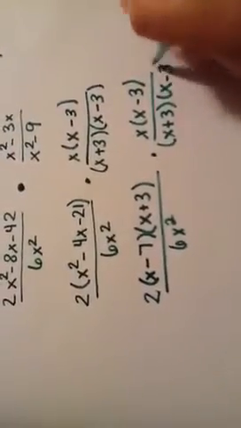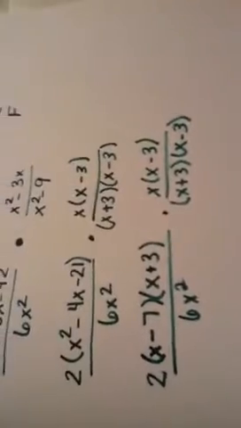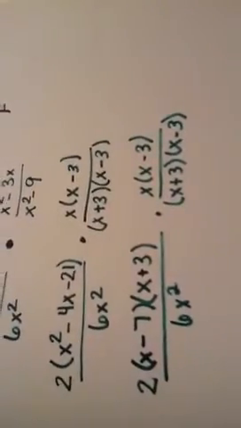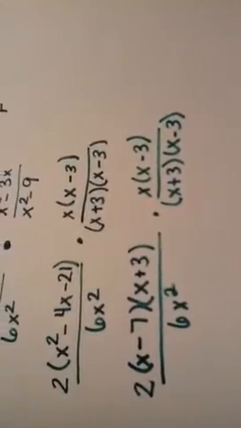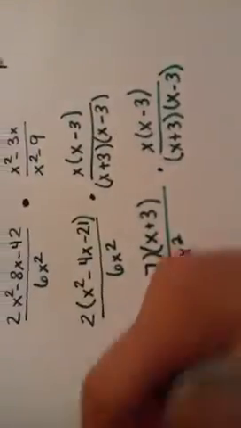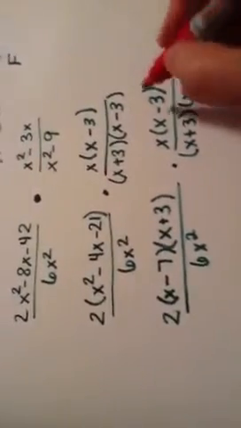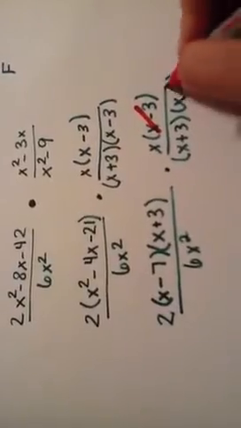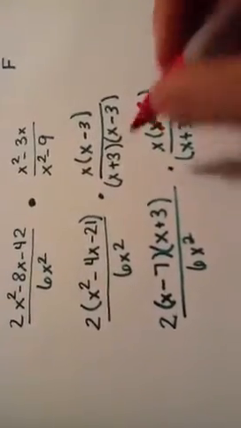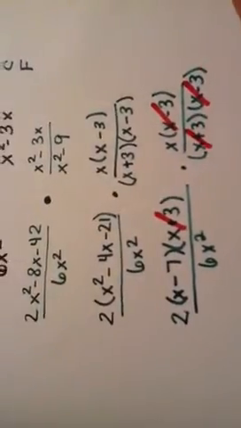And this is actually the fun part. You get to cross out any common binomials or any common terms. So I see I have an x minus 3 here. I want to cross that out with the bottom. I can cross out the x plus 3 with this x plus 3.